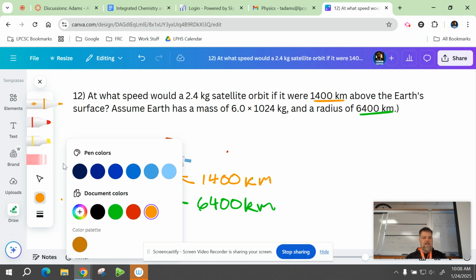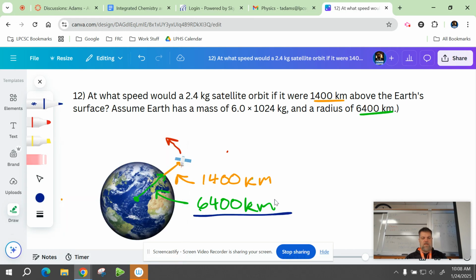And so if we add that up, that gives us our combined radius of 7,800 kilometers. So that's our radius.